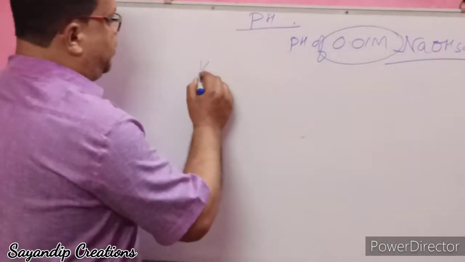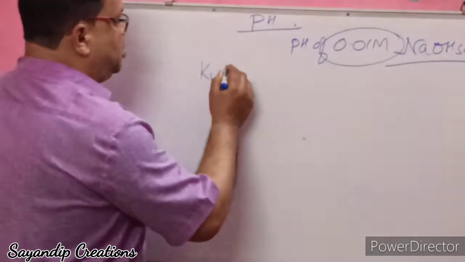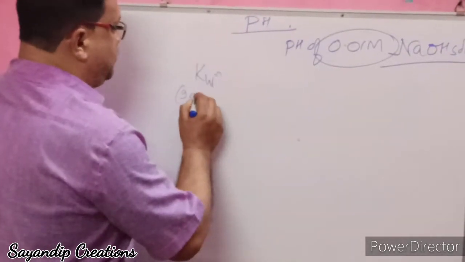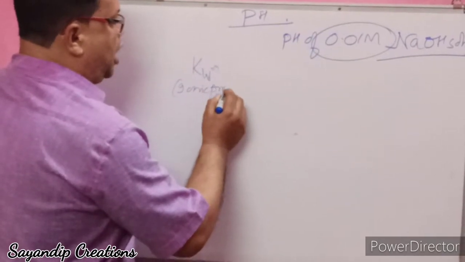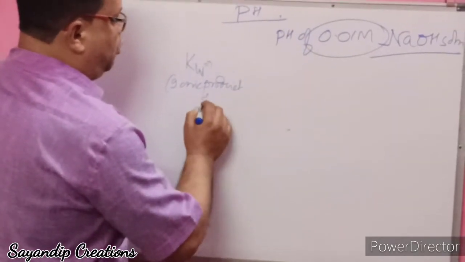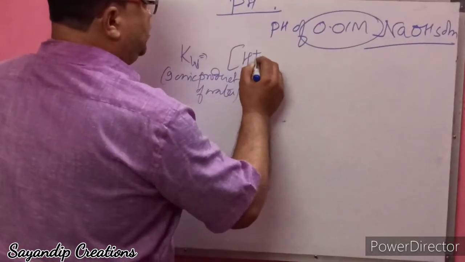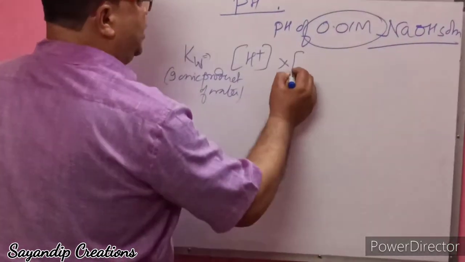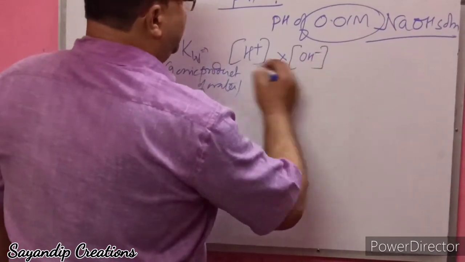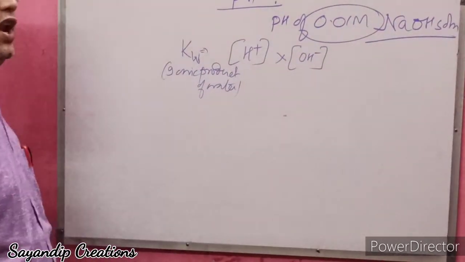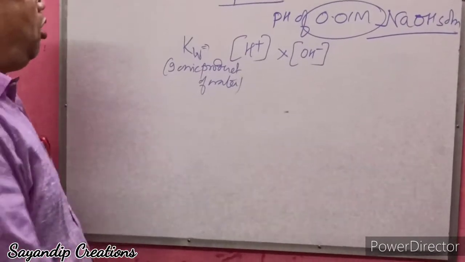First one is Kw, the ionic product of water. It is the product of hydrogen ion and hydroxyl ion concentrations.